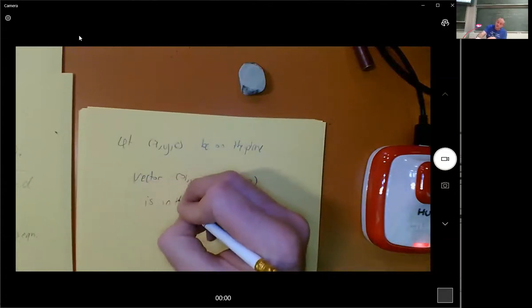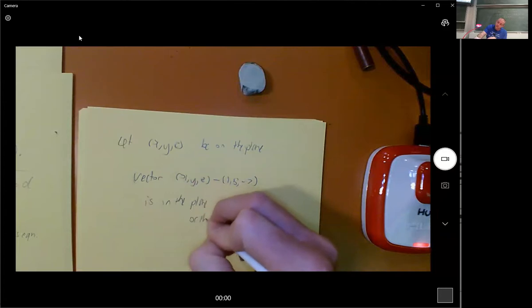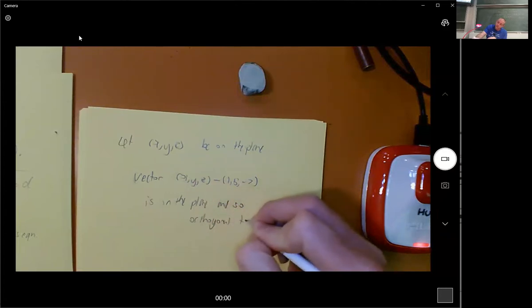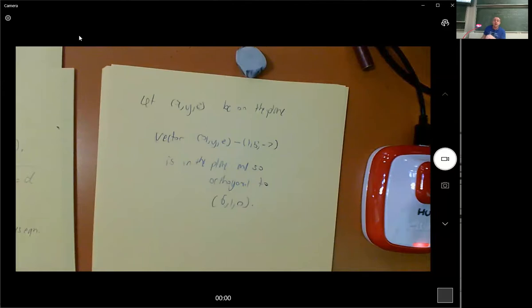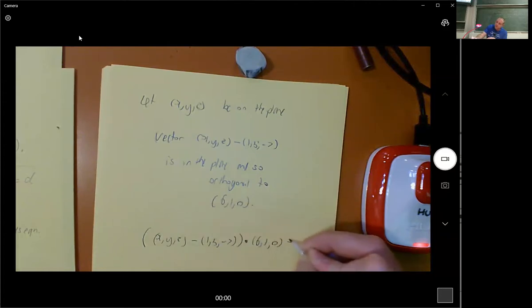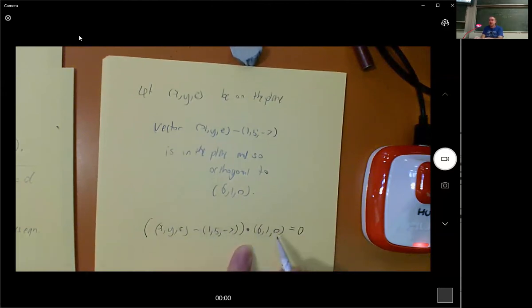It is in the plane and so orthogonal to the normal vector. And so an equation for the plane is x, y, z minus 1, 5, negative 7 dot with 6, 1, 0 is 0. That vector dot with the normal vector is 0.